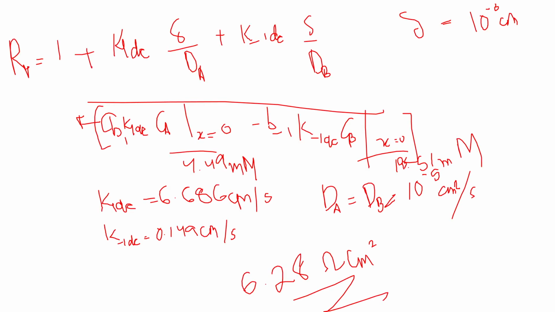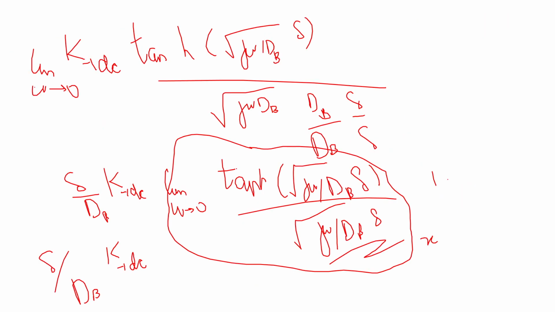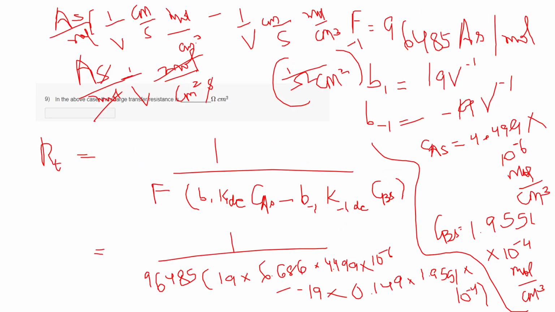So the question is, what is the charge transfer resistance when EDC equal to 0? So this was that question we did. If you remember, this was the case when we know k1 DC, k minus 1, everything. Now what will happen when EDC equal to 0?